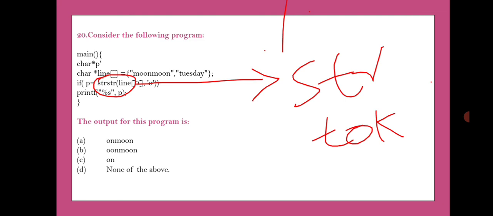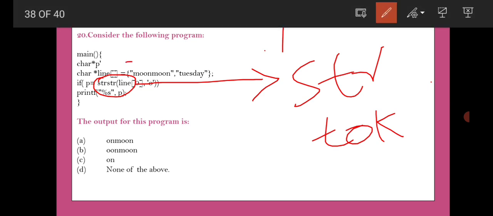So it will look for the character token O. The token starts from MO. So hence it prints the rest of the moon, right? So if you remove this stuff, it should start printing from this O. Oon should be printed.